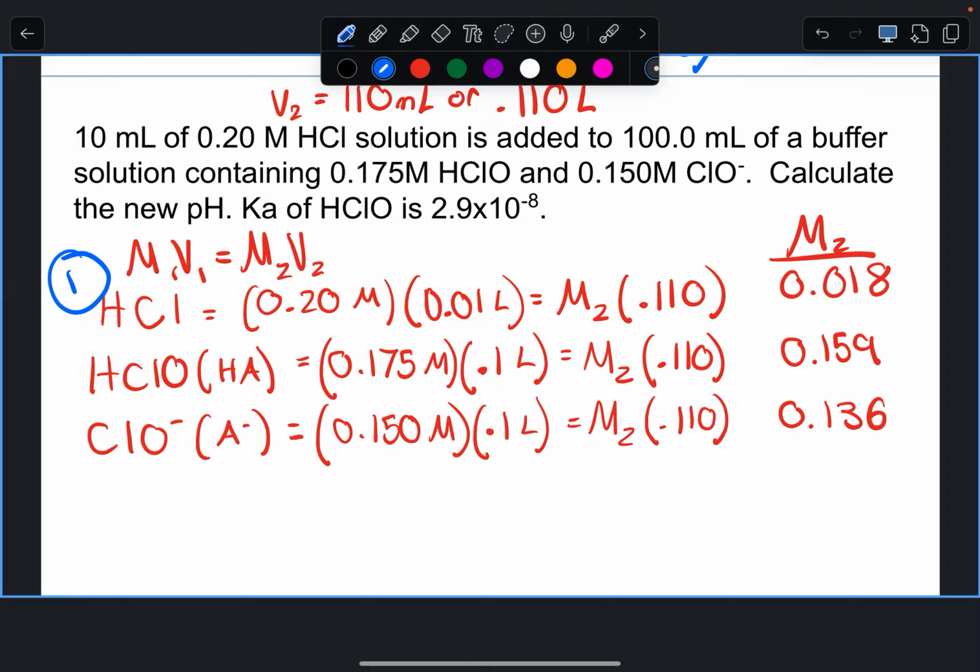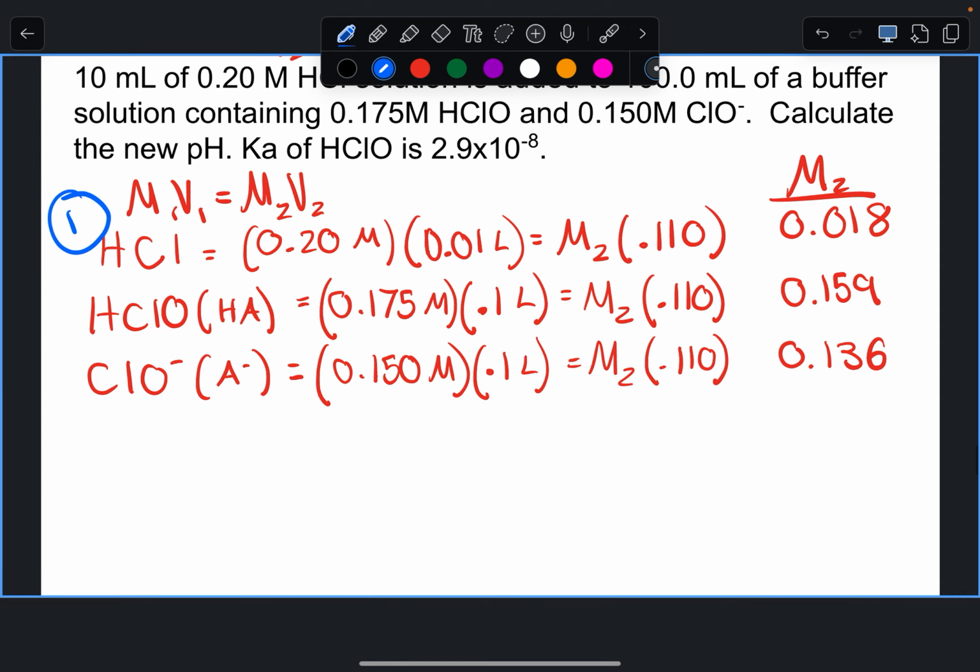Okay, so I'll go ahead and start working step 2 up here. Feel free to interrupt if you're not sure what I was doing with that dilution thing.